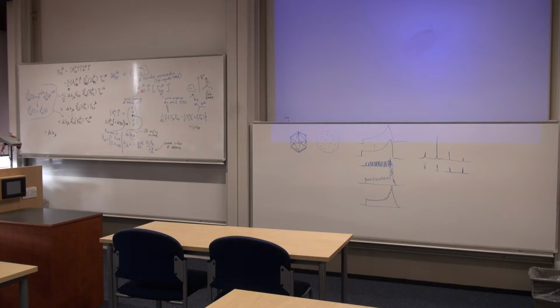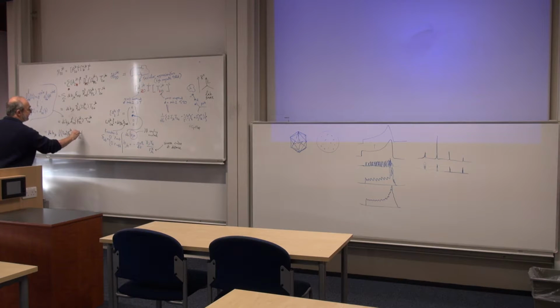The 0, 0 big matrix element for rank 2 is just a half 3 cos squared beta minus 1. Which beta? It's the principal axis to the lab frame transformation for interaction JK. And then the spin operator, which is this thing over here, 1 over root 6, ZZ minus a half plus minus.